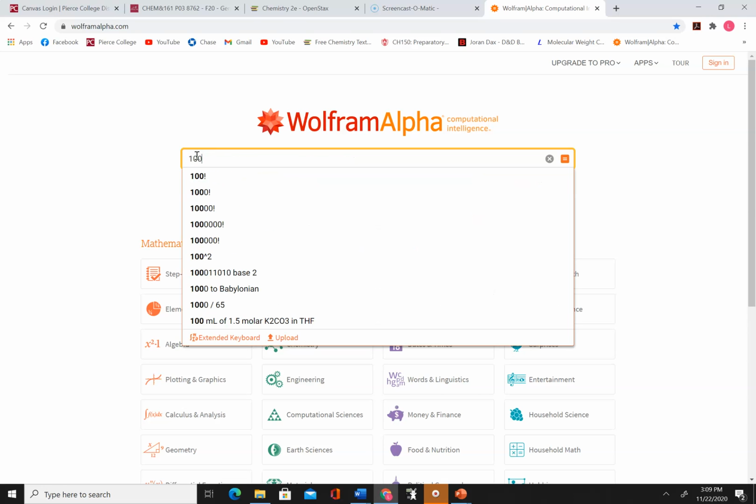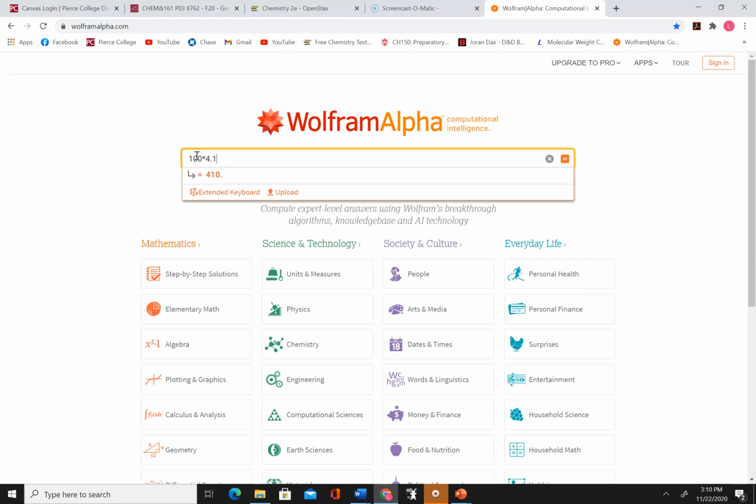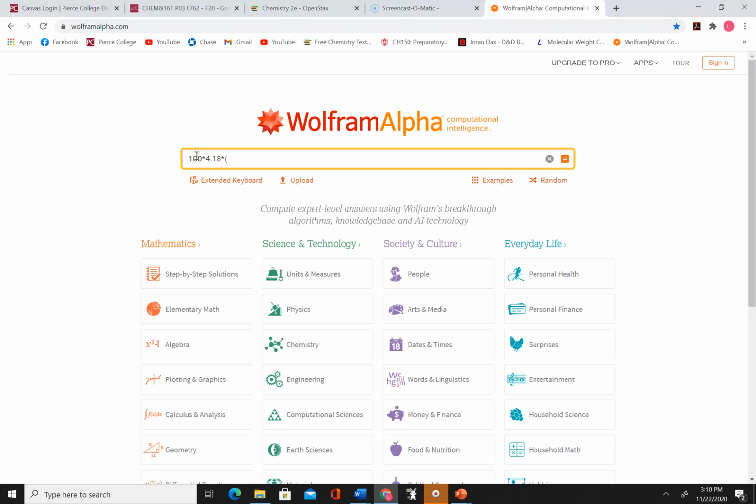I'll put this in: 100 times 4.18 times, and instead of putting T final, I'm just going to put X minus 25 equals minus 5 times 0.45 times X minus 100.